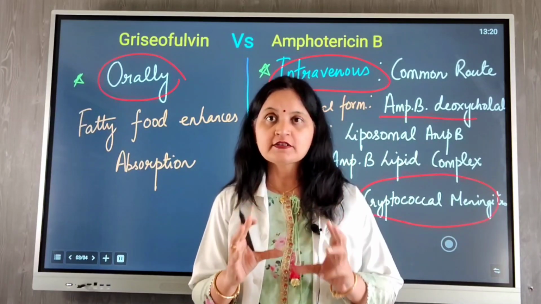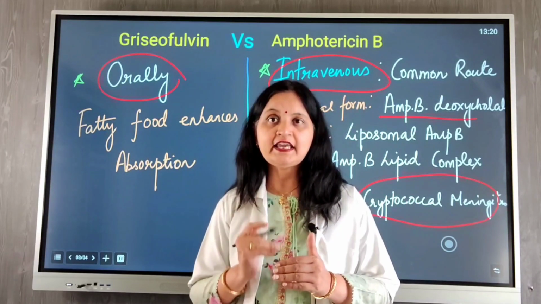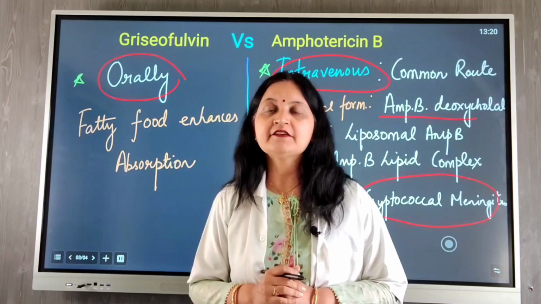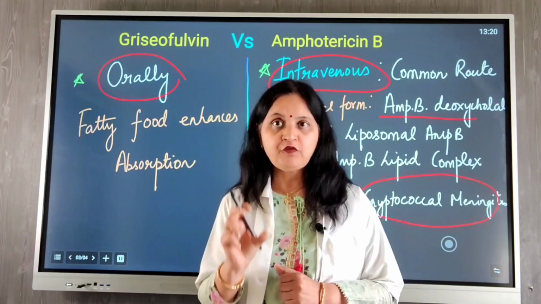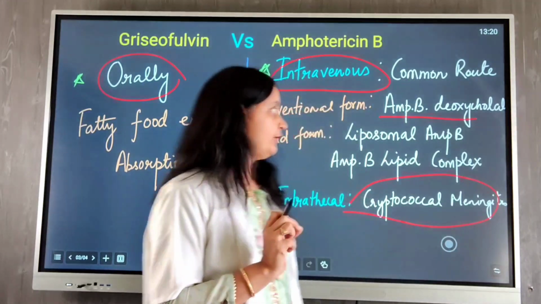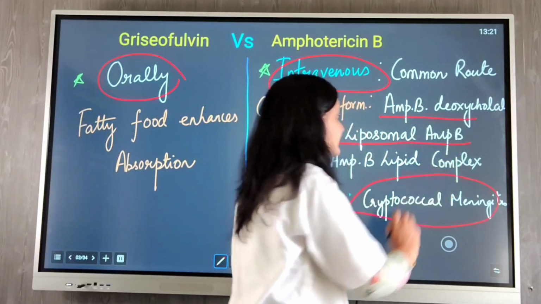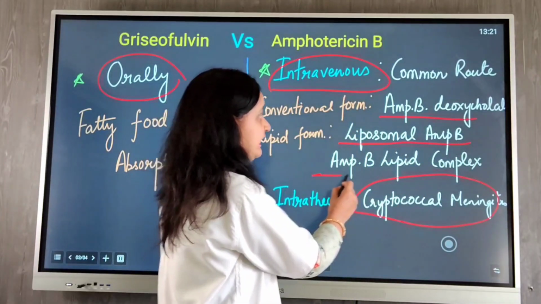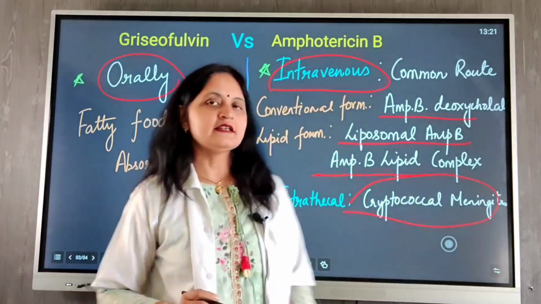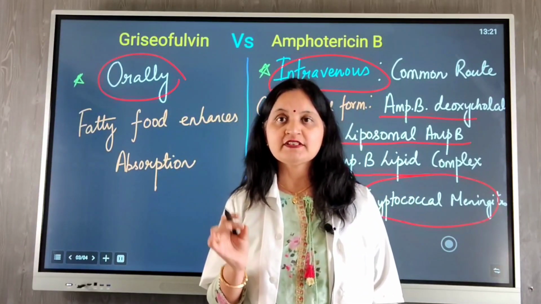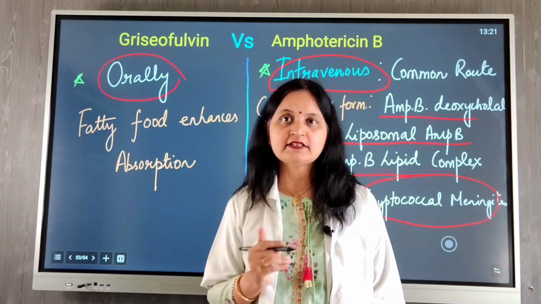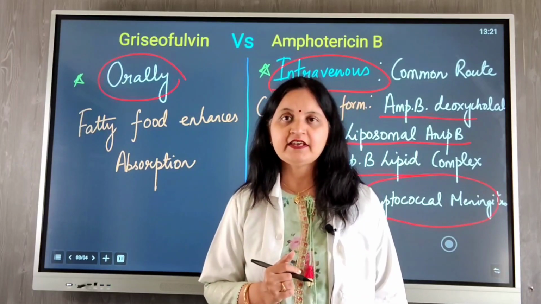Because of the toxicities and to reduce the toxic effects, Amphotericin B is available in liposomal formulations, and these formulations are commonly used, and these include liposomal Amphotericin B and Amphotericin B lipid complex. So these are some of the liposomal formulations available to reduce its toxicity and increase its efficacy.